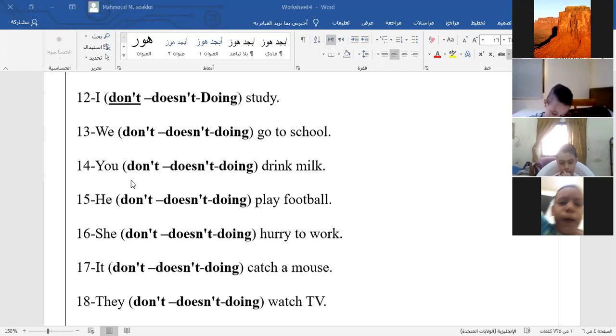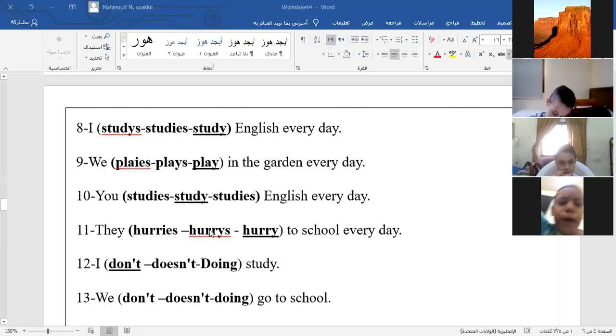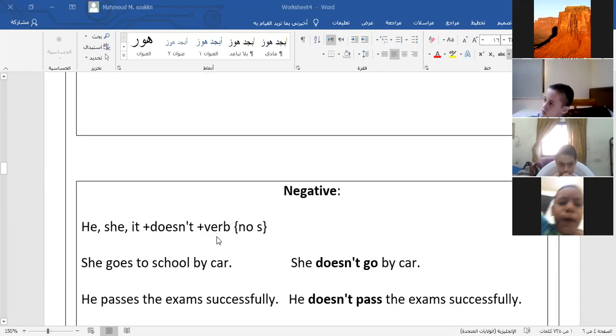We doesn't go to school. Thank you for answering, but look here, Qusay. In negative, we use doesn't with he, she, and it. Read this, please. He, she, it plus doesn't.